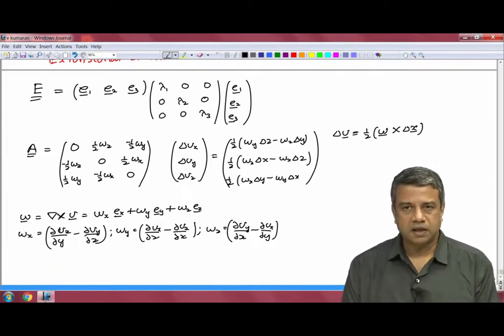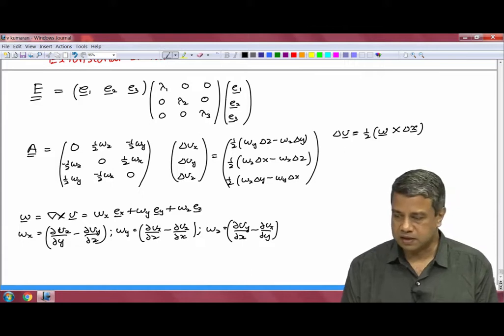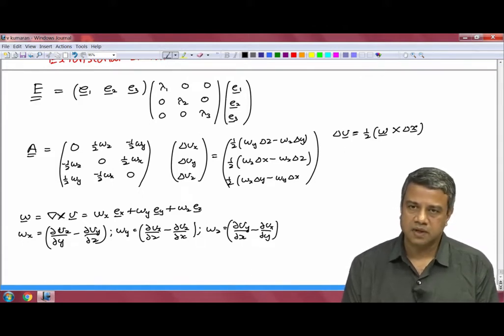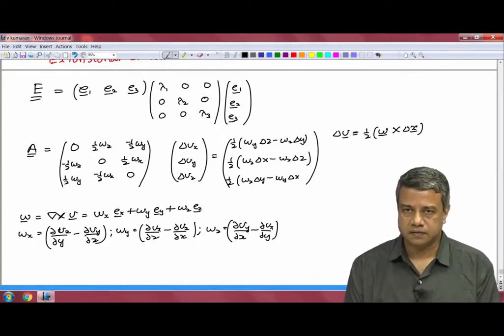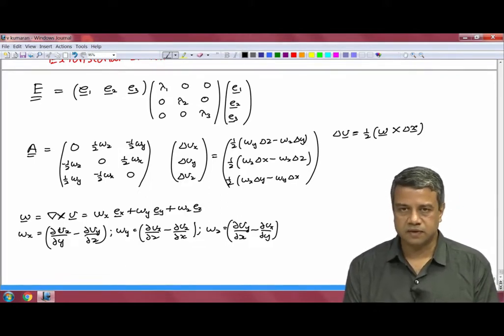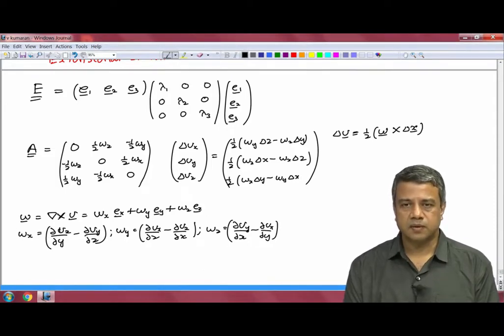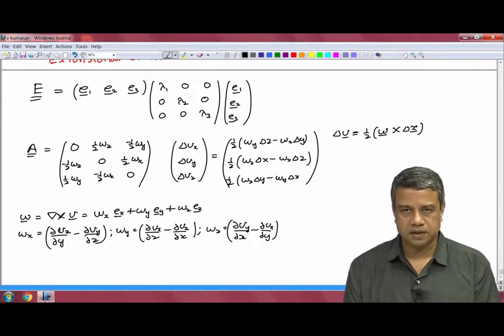And this represents solid body rotation with angular velocity equal to half the vorticity. The axis of rotation is along the vorticity vector, because the angular velocity vector, which in this case is half the vorticity vector, is directed perpendicular to the plane of rotation.